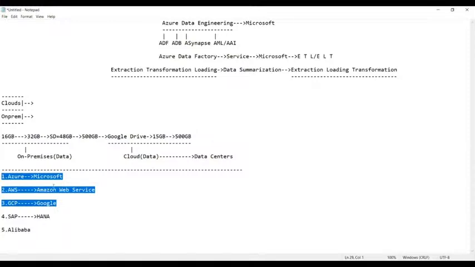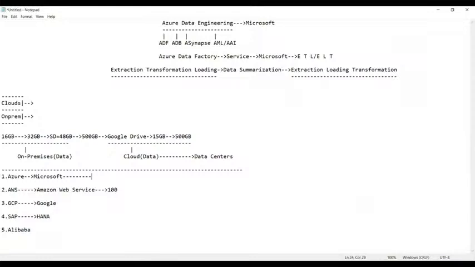Amazon was number one before. Now it has come down to the second position, and almost even to the third position. Why? Amazon is more costly. The job which you can do here requires 100 rupees. Suppose the same service is provided by Azure in 15 rupees.